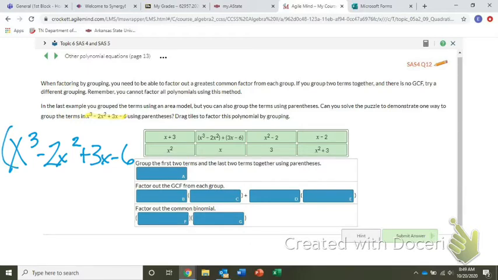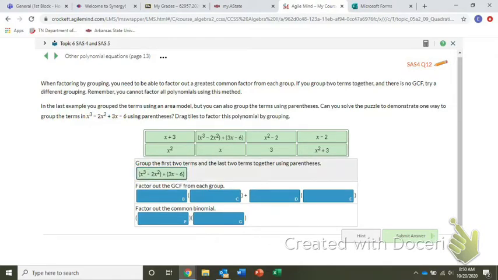So we have a first set and a second set. Here's my first set, and here's my next set. On the first set, we want to factor out the greatest common factor.